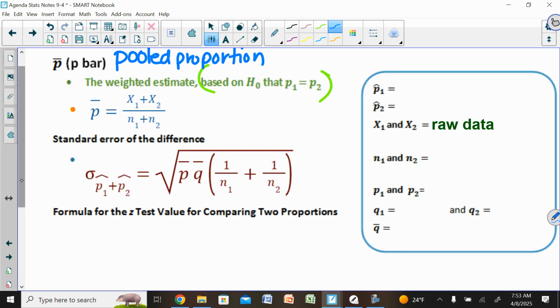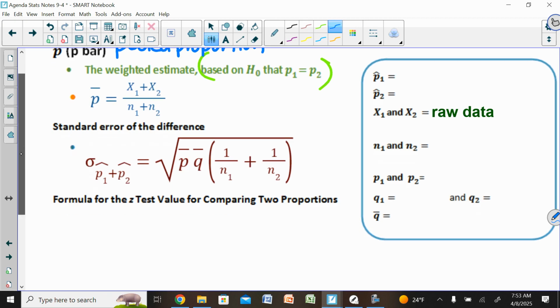So p-bar, we calculate our pooled proportion, and then we know that q-bar is going to be 1 minus p-bar, right? So those two should add up to 1. When we multiply, they don't multiply to 1.